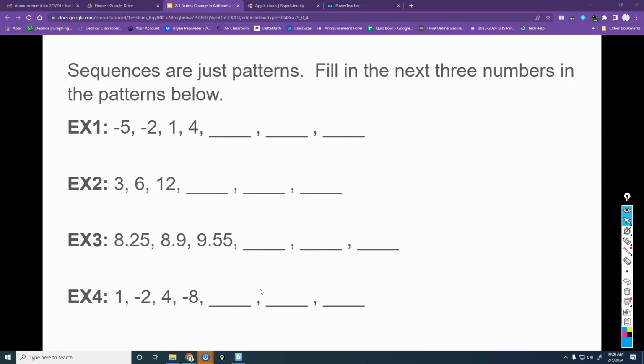And if you need your calculator on some of these, some of them are a little trickier to just figure out easily in your head. That's okay.